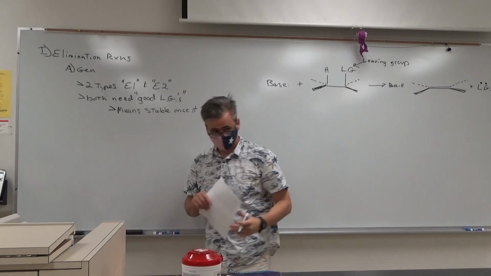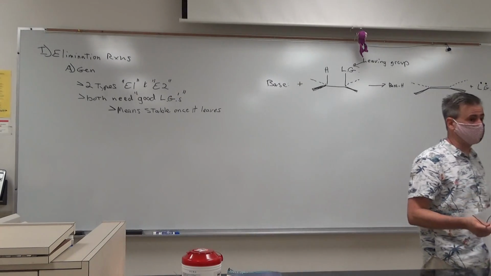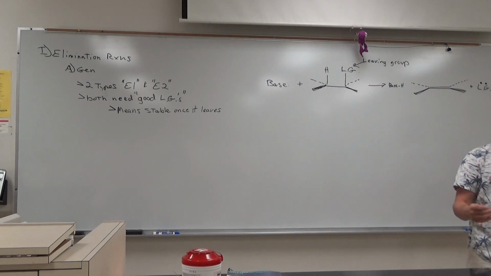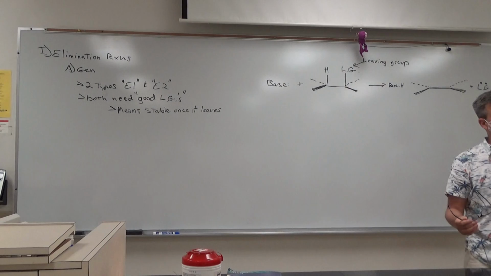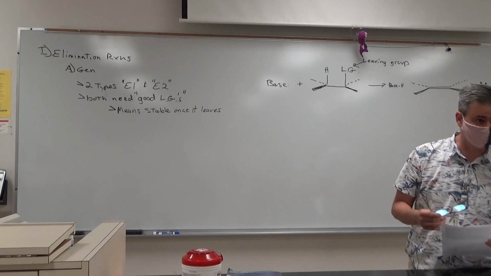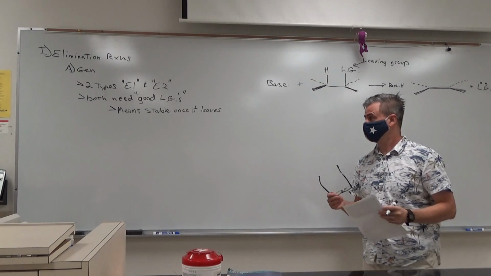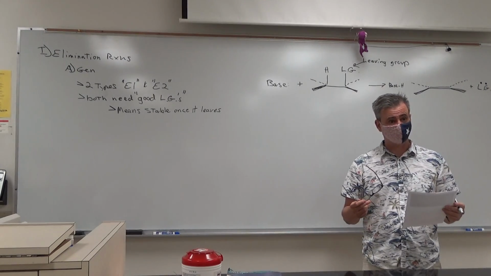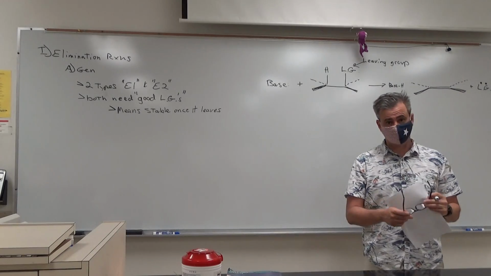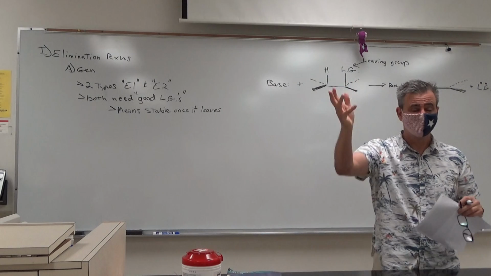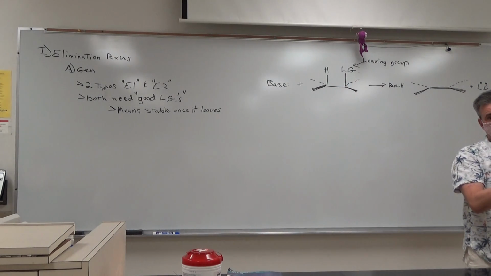Okay? It's not going to make some kind of unhappy anion. When I talk about acids and bases, I always talk about happy anions and unhappy anions. A happy anion is the conjugate base of a strong acid. A strong acid isn't going to give up that proton if it doesn't make a happy anion.